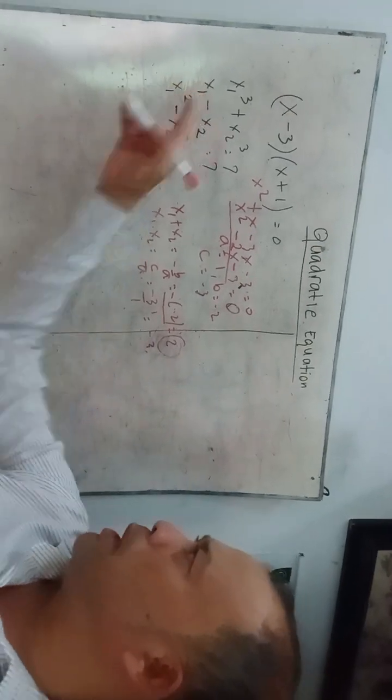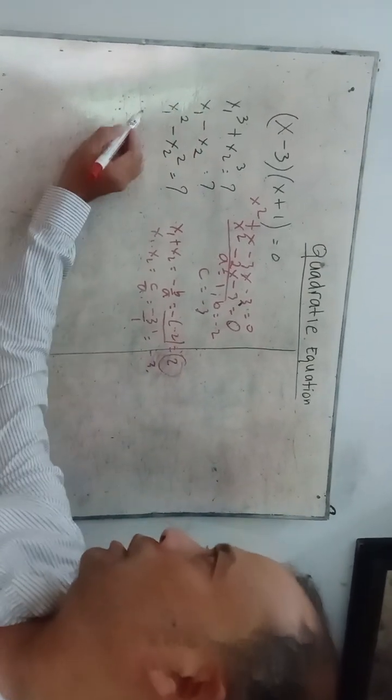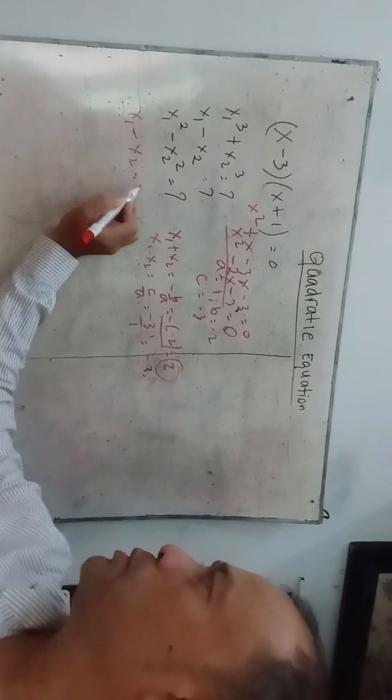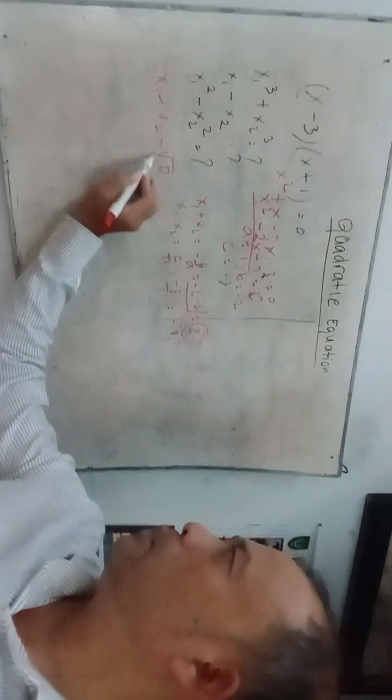And then we have here x1 minus x2. x1 minus x2 equals root D over a.